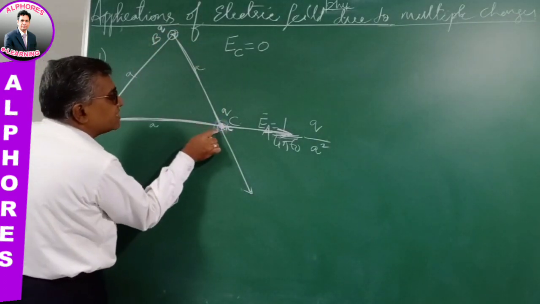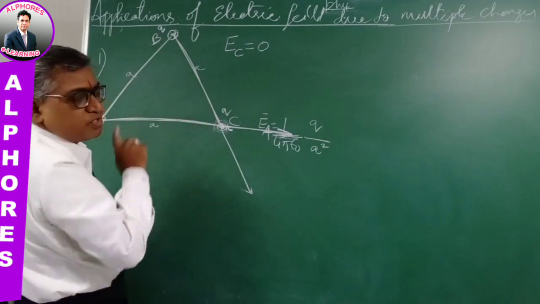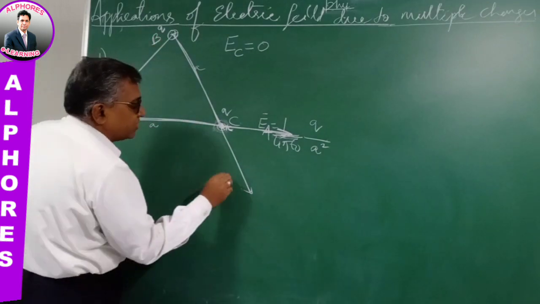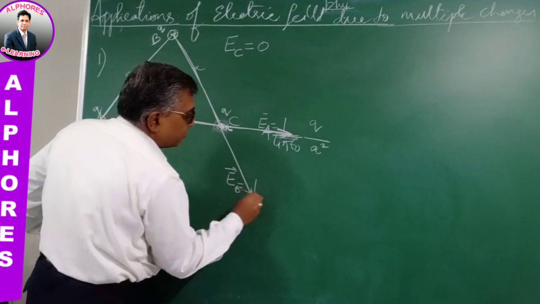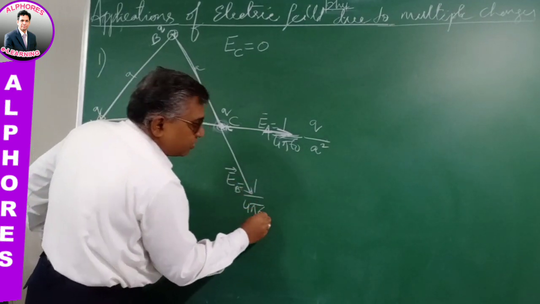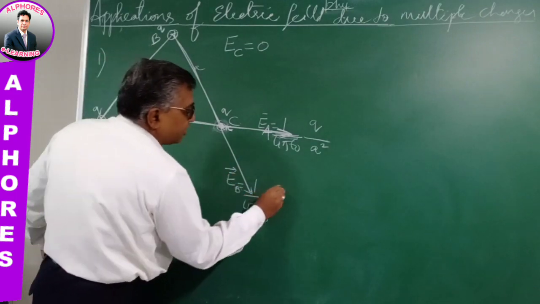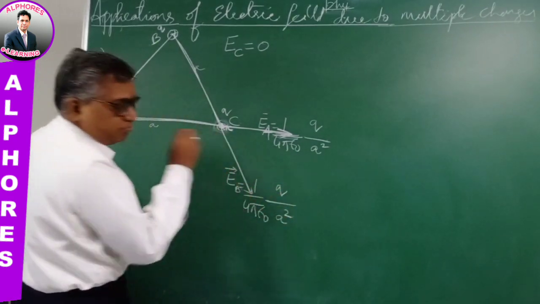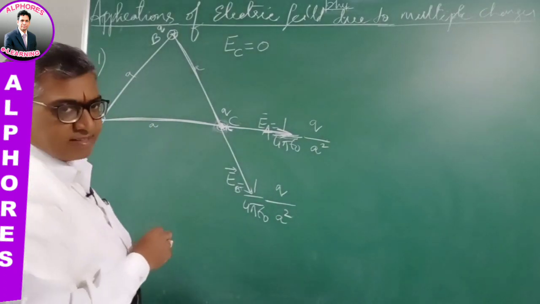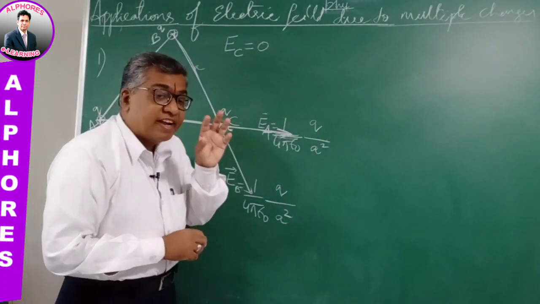The positive test charge will experience a repulsive force due to the charge at B. Therefore, the electric field due to B is equal to 1 by 4 pi epsilon naught Q by d square. The charge is Q and the distance is a, so it is a square.